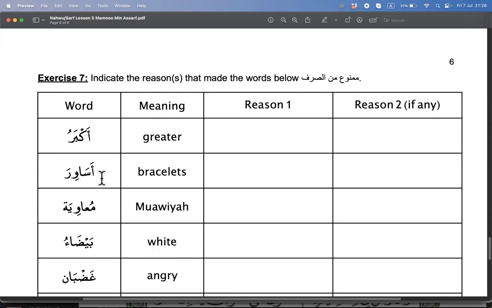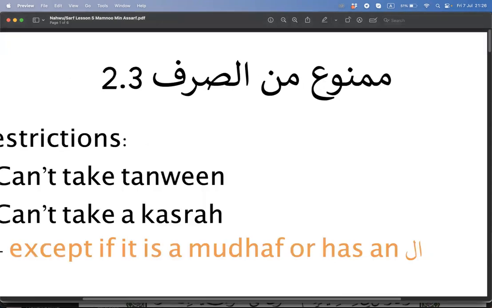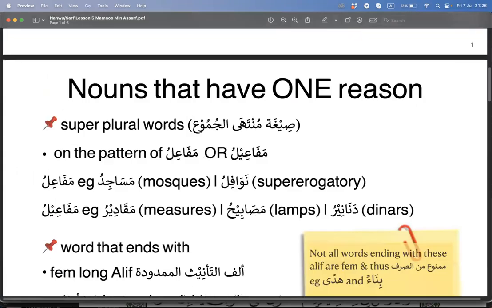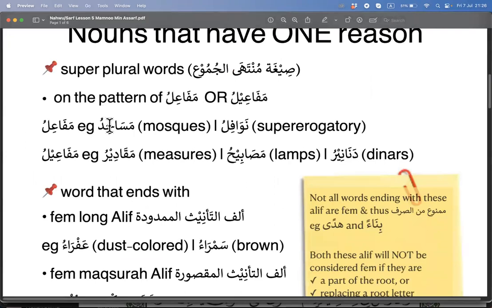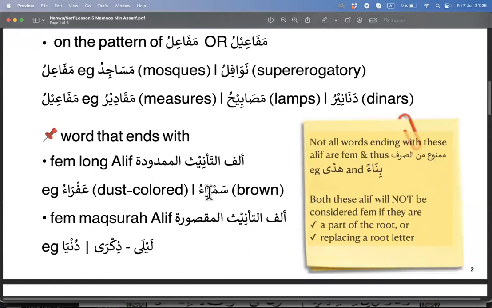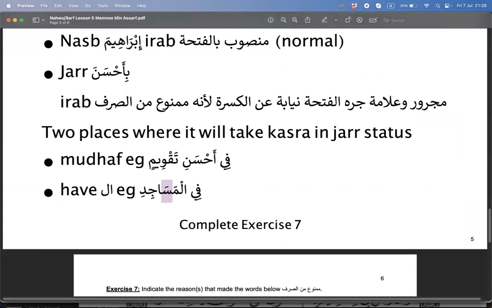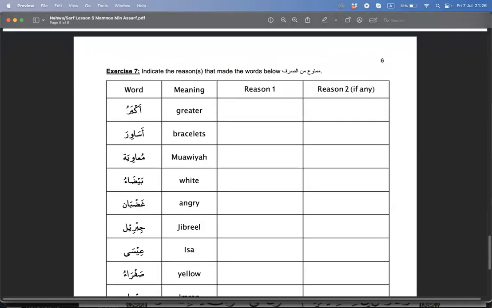Remember, if the word only has one reason, you only have four patterns that you have to remember: masajidu, masabihu, and then the alif ending, alif maqsura ending. So this is the one reason. It means either these patterns are super plural, or these patterns are feminine alif. So asawiro is which one? Is it the super plural pattern or the feminine alif pattern?